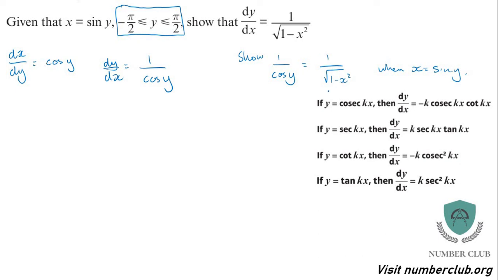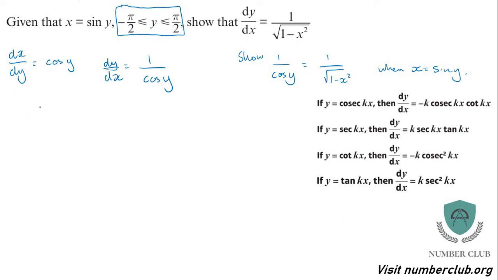Now take a good look at it though. There are things that you can see that are really nice. If x is sine y, then 1 minus x squared would be 1 minus sine squared y. 1 minus sine squared y is cos squared y. And when you root that, you get cos y. So we sort of know what we're going to be dealing with here.